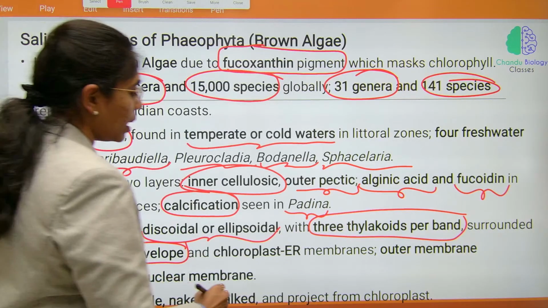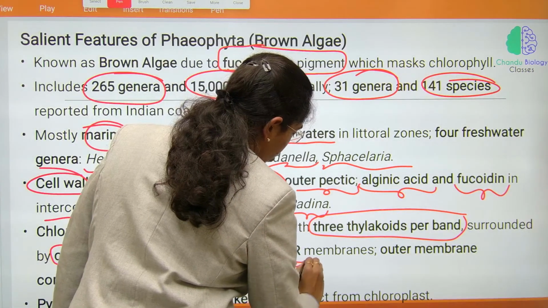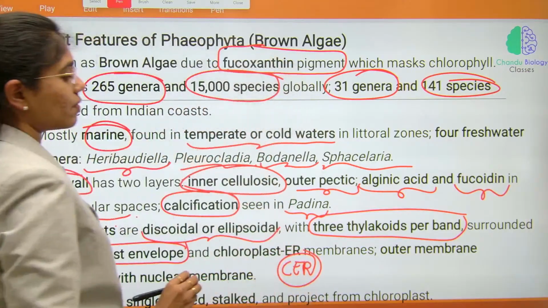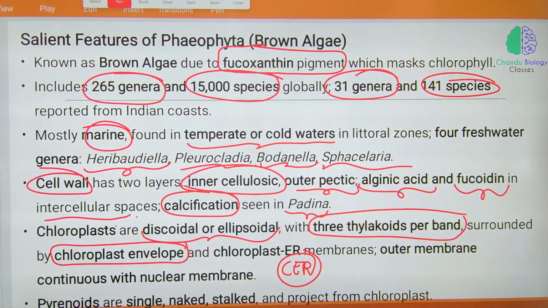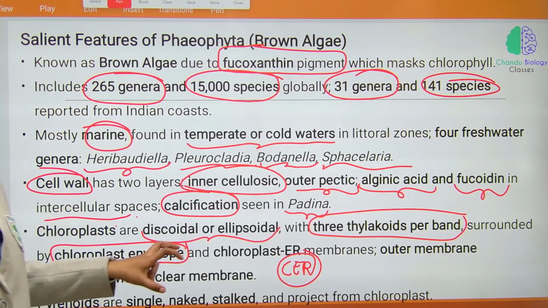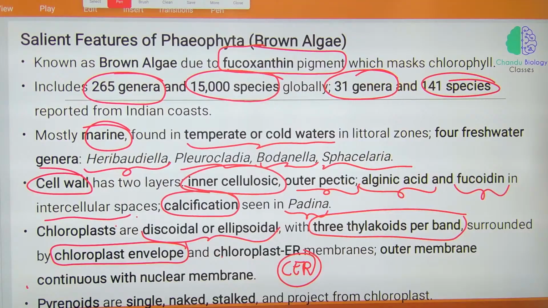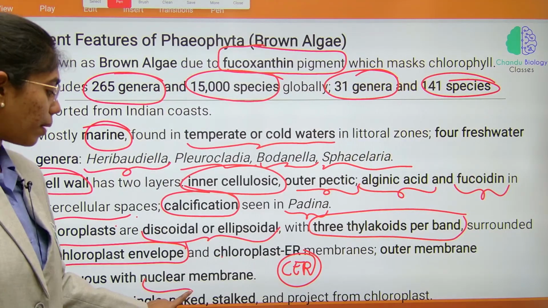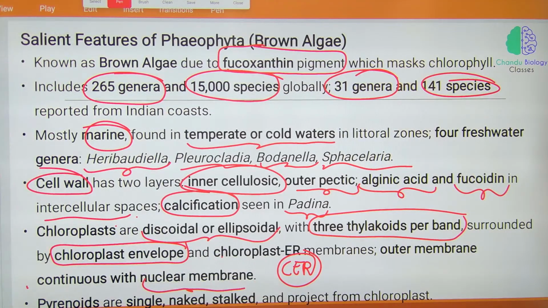What is CER? Chloroplast endoplasmic reticulum. This is a characteristic feature of brown algal members, where the outer membrane of the chloroplast endoplasmic reticulum is continuous with the nuclear membrane.